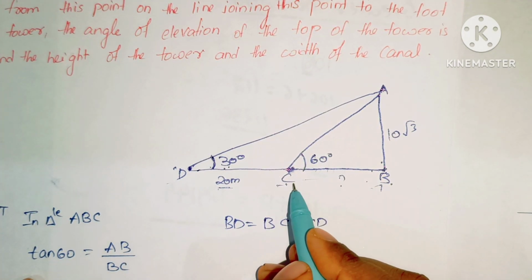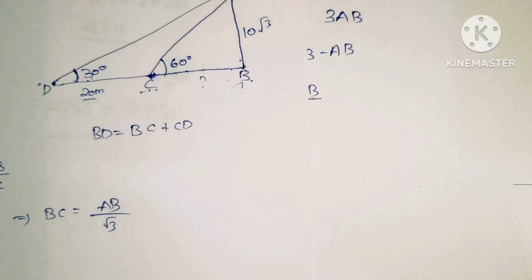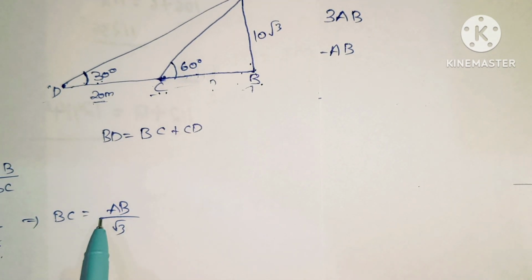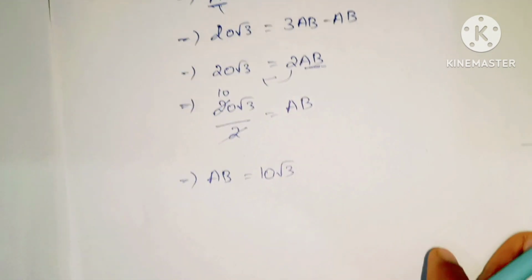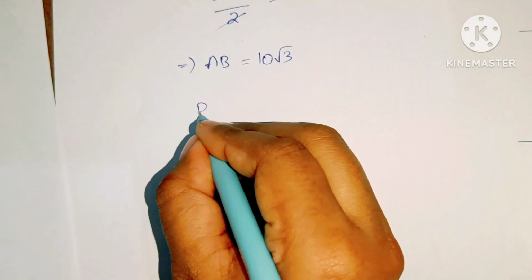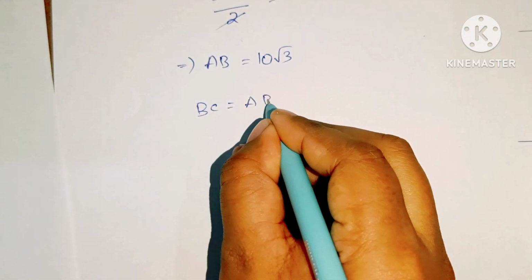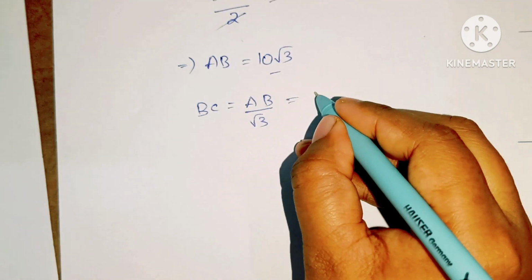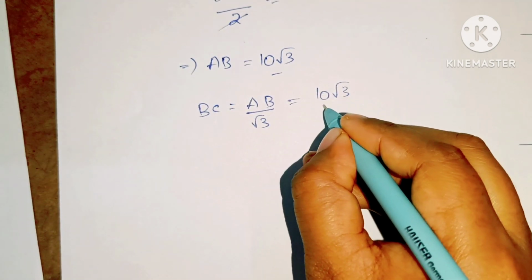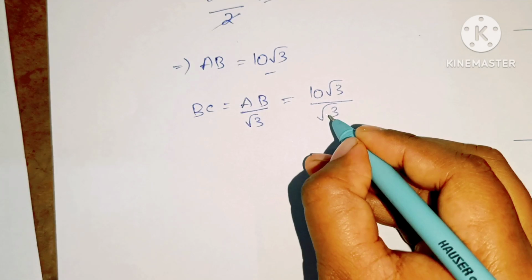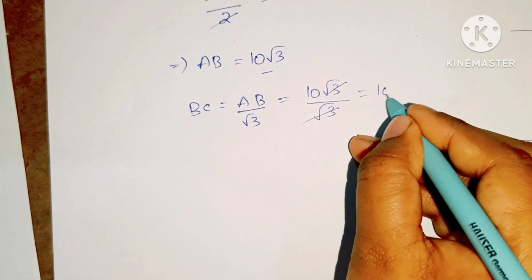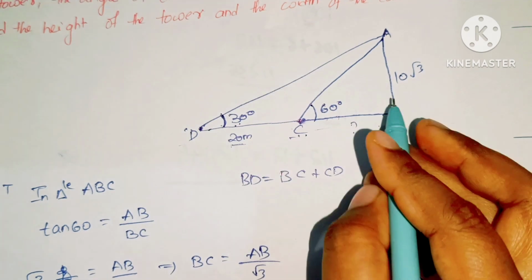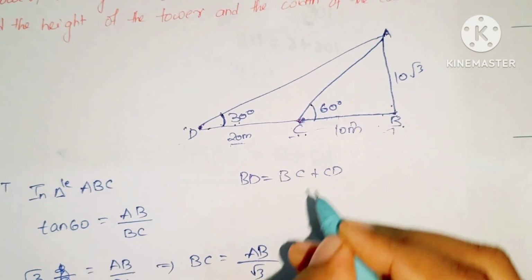Now you want BC, right? BC equal to AB by root 3. Substitute here: AB is 10 root 3, so 10 root 3 by root 3. Root 3 cancels, 10 meters. So BC is 10 meters.